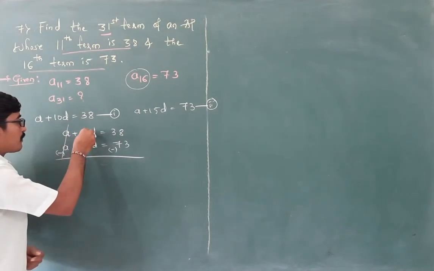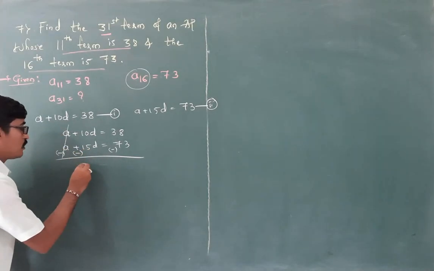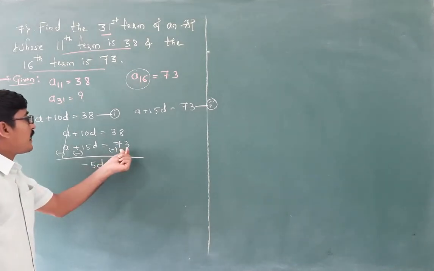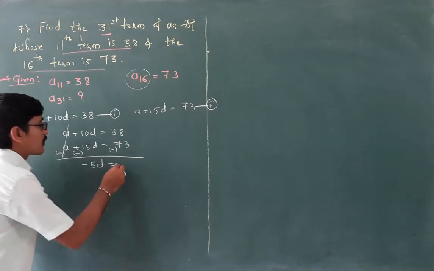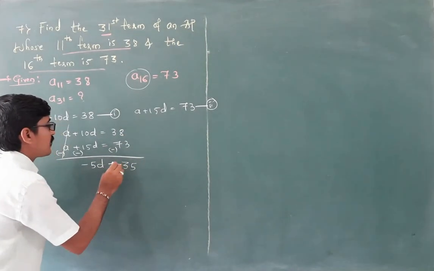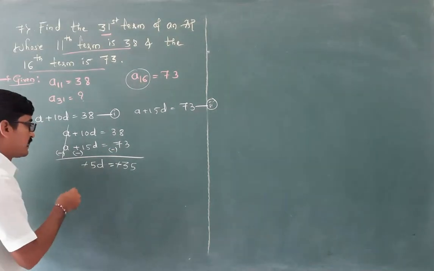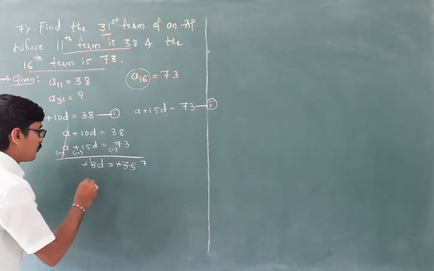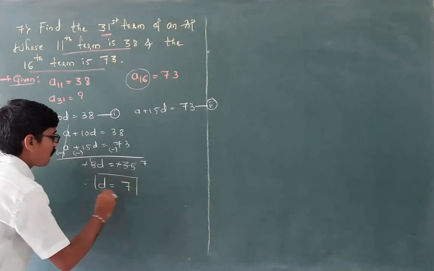So here 10 minus 15, the bigger number has the minus sign, so you will get minus 5d is equal to minus 73 plus 38, which is minus 35. The minus signs cancel. 5 sevens are 35. Therefore d is equal to 7. This is the value of d.